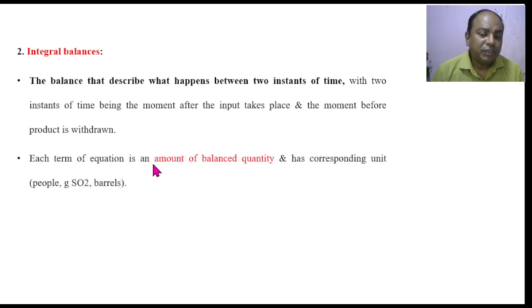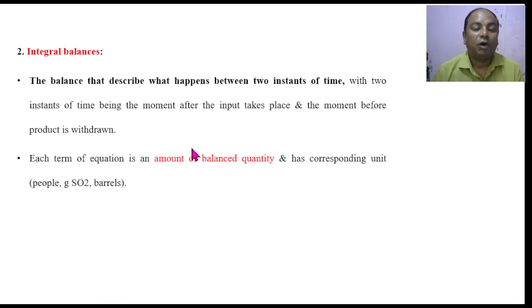Whenever we are making the material balance calculation, the integral balance equation would have the unit as the amount of balanced quantity. Suppose we take the input as the mass of a substance, in kgs or grams, volume, moles, or likewise. If it is introduced in the system, then finally we get an output. So the output is measured as the amount of balanced quantity.